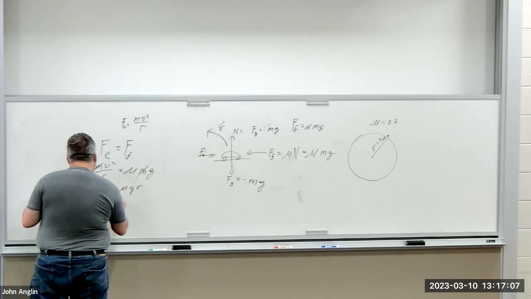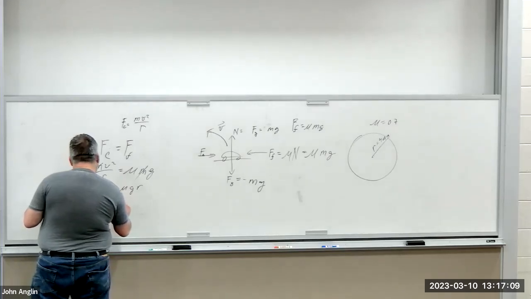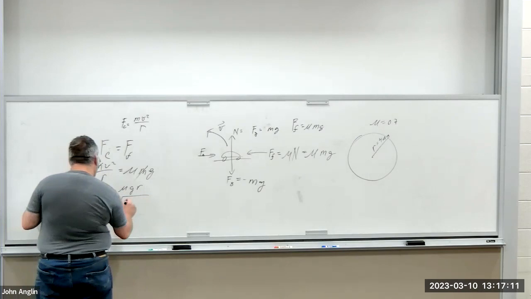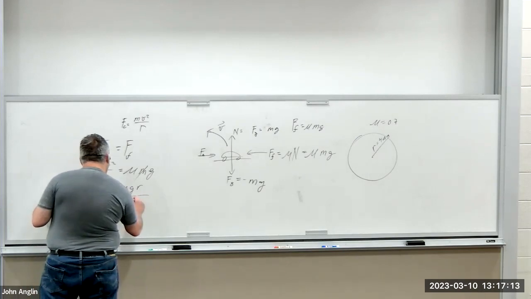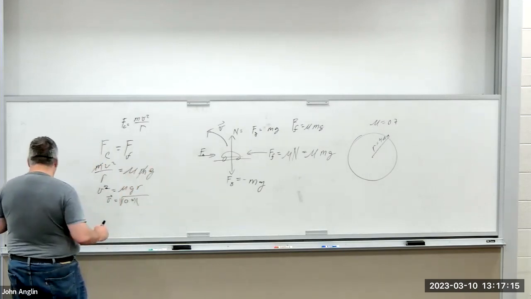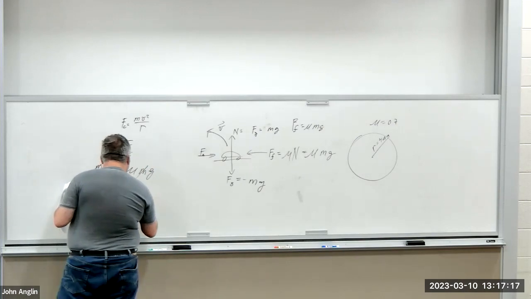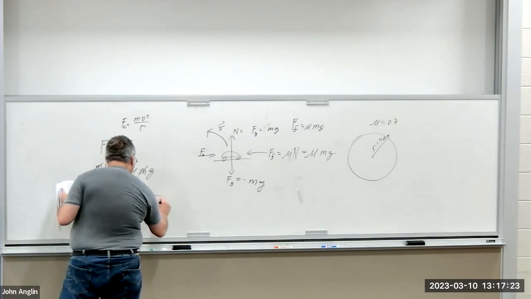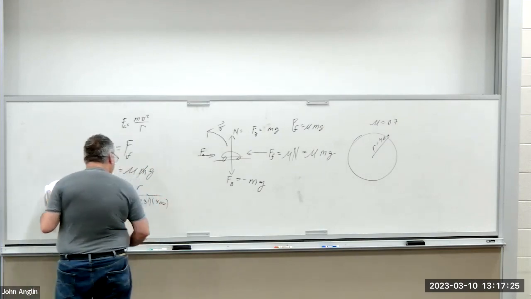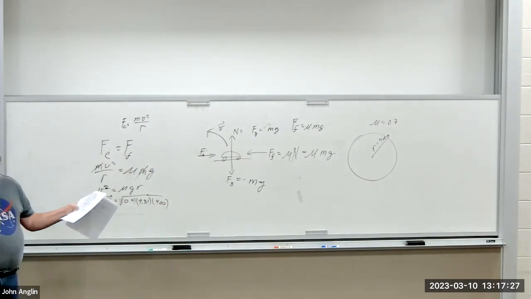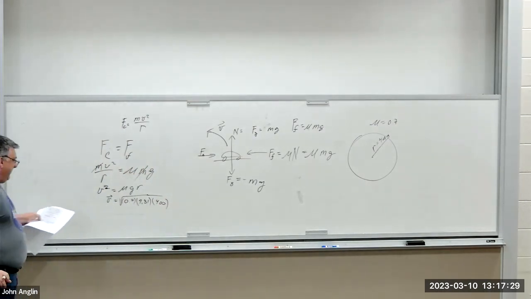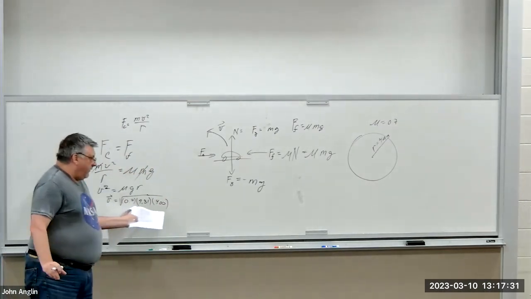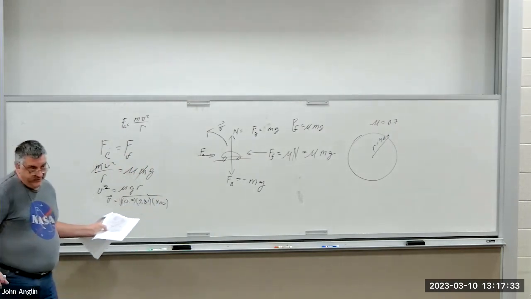Plug in the numbers that we know, right? So v equals square root of 0.7 for our mu that I gave you, our acceleration due to gravity of 9.81 meters per second squared, and our r of 400 meters. Again, I'm dropping units for expediency here, but remember, all of this has to be in SI units.